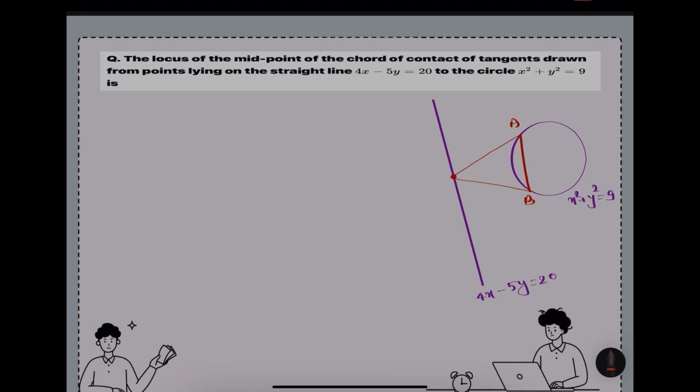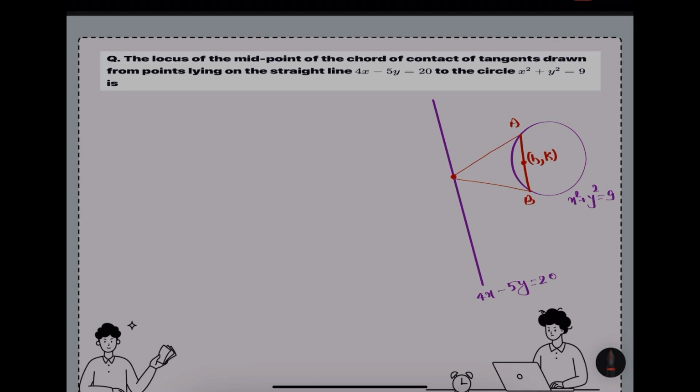So suppose that the midpoint of this line is h comma k, because this is how we used to solve locus based questions. We used to assume that thing as h comma k. Later we will apply some concept and then we will replace h with x, k with y.